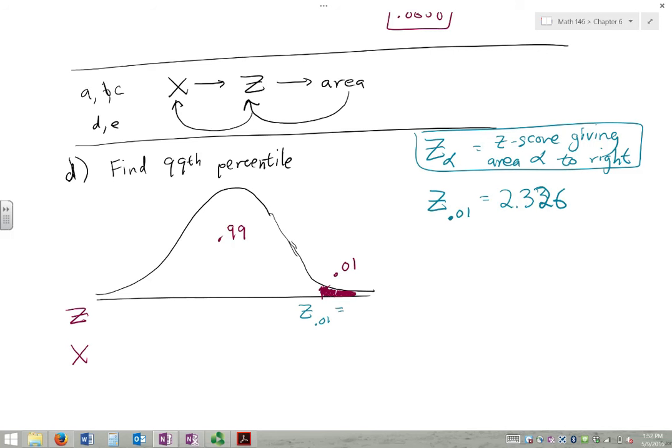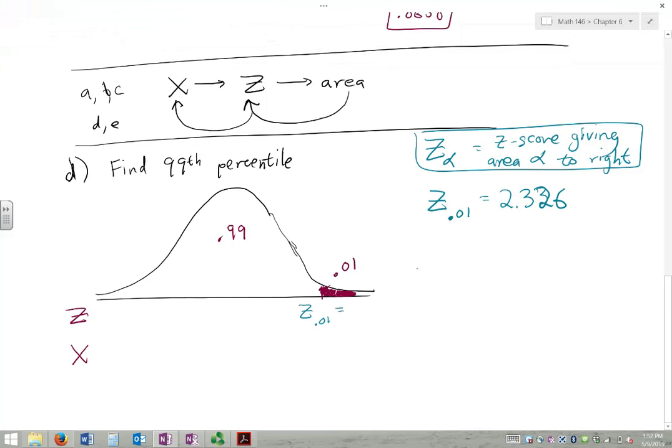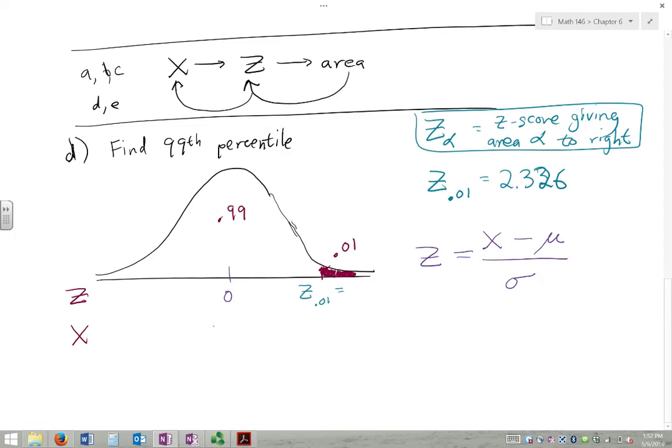So now let's remember the formula for a z-score. The z-score is equal to x minus the mean over the standard deviation. We know that the mean has a z-score of 0, and we know that the mean is 1262.